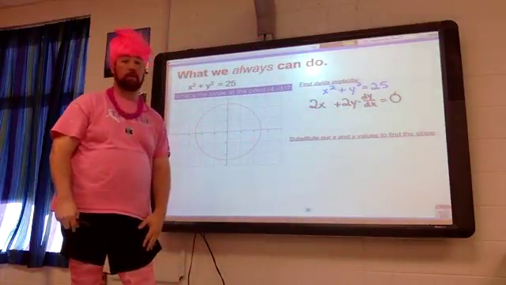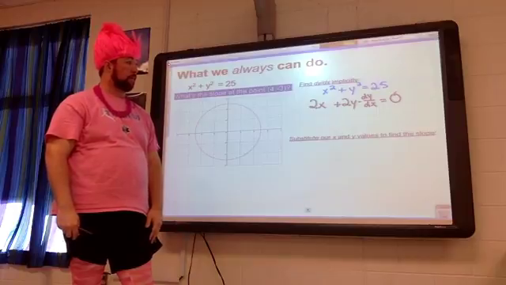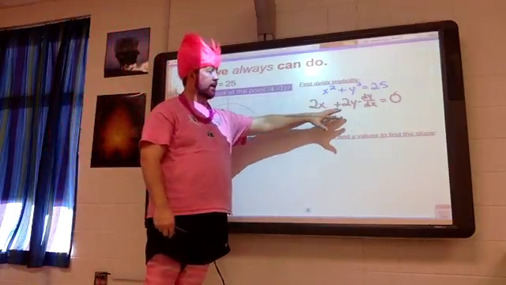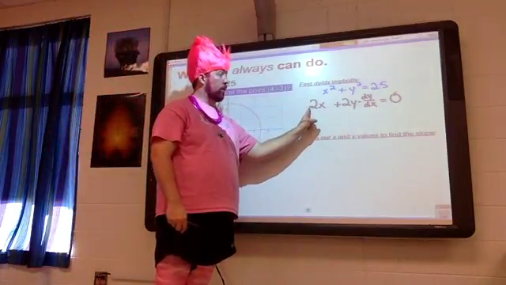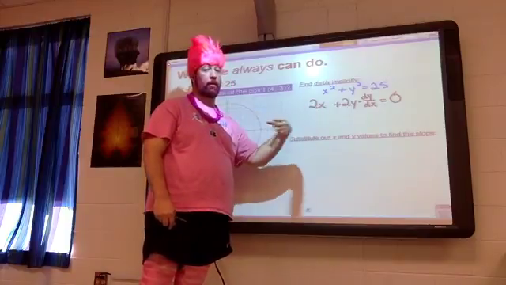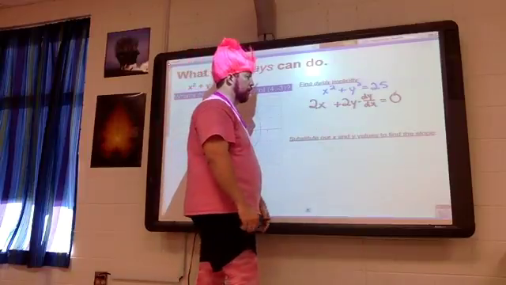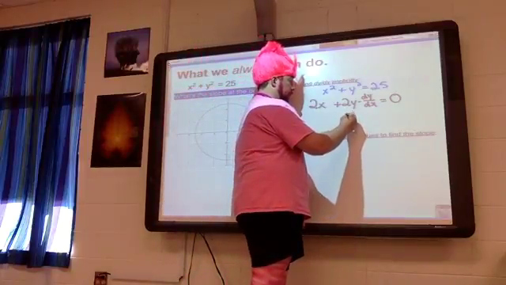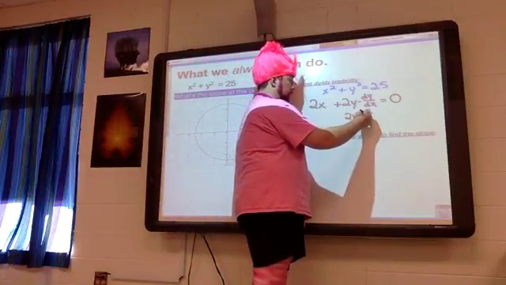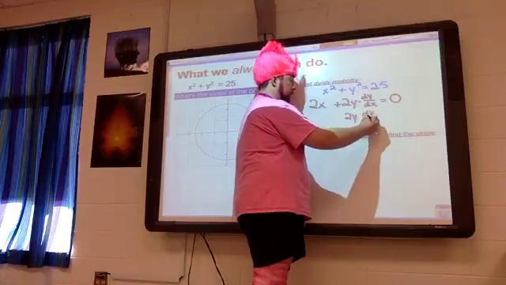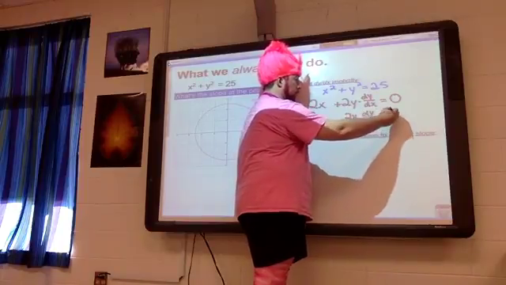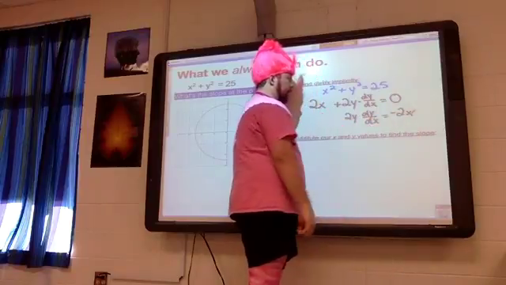And now we solve for dy dx. We want to leave dy dx on the left-hand side. When we bring the 2x to the other side, we get rid of all of the terms that do not involve dy dx. So I'd subtract the 2x over and get 2y dy dx is equal to negative 2x.